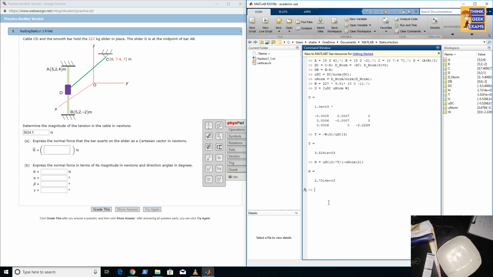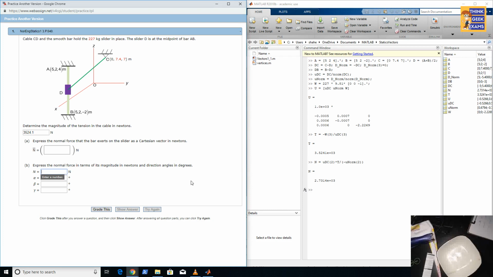And that is 2731.4. So that's this number, 2731.4. Now we need to find the vector form.